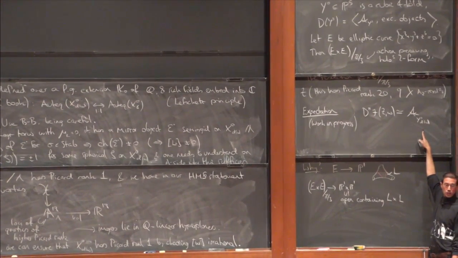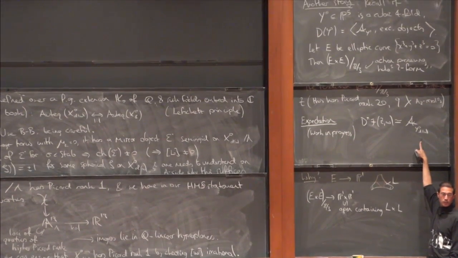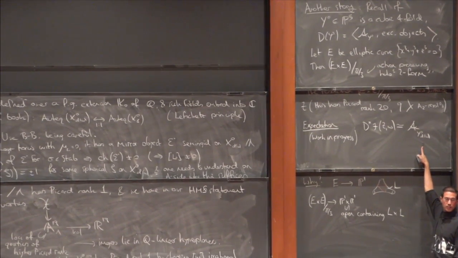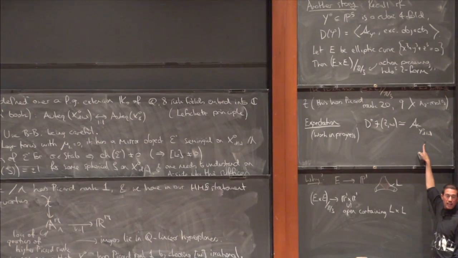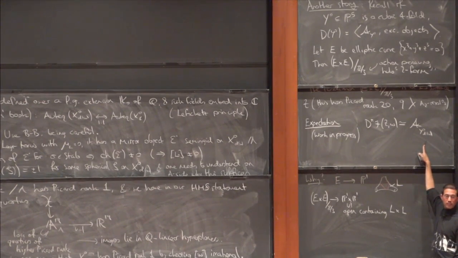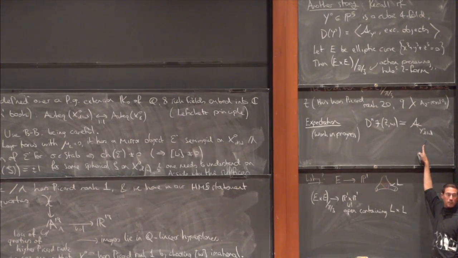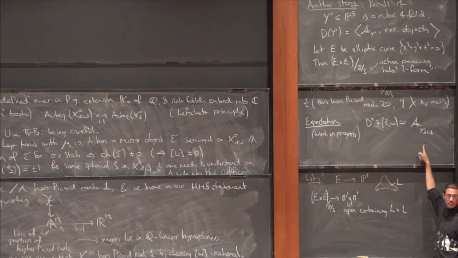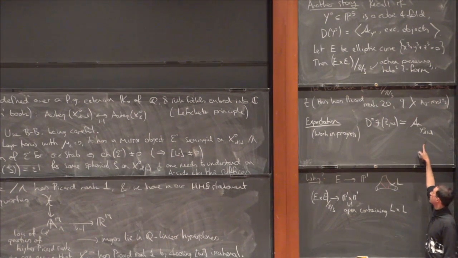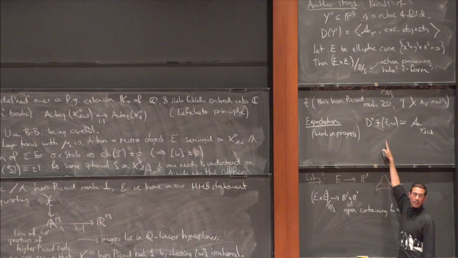I'm just taking its Kuznetsov category, which is a CY2 category associated to the cubic. And I'm saying that that CY2 category, which is an admissible subcategory of its derived category of sheaves, that's on the B side of mirror symmetry, and we're trying to interpret that as the Fukaya category of a K3 surface. Is that clear?